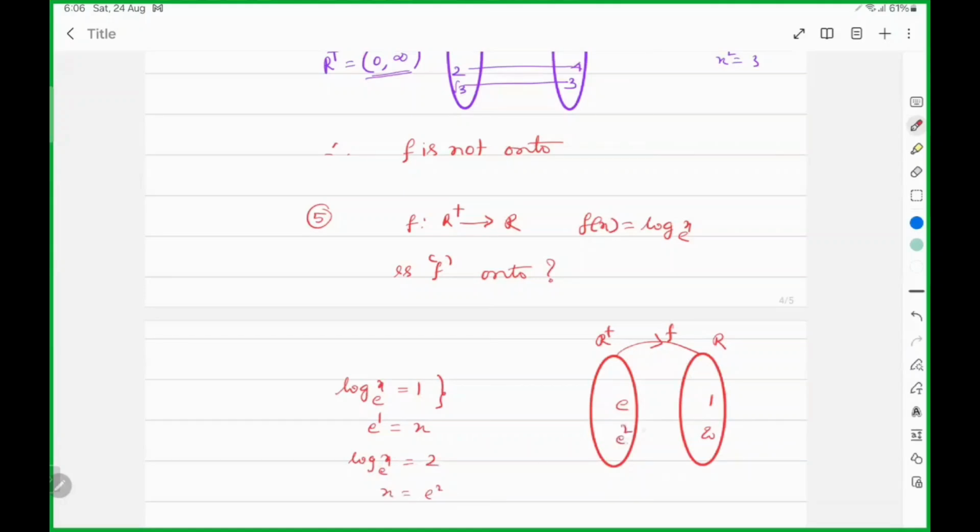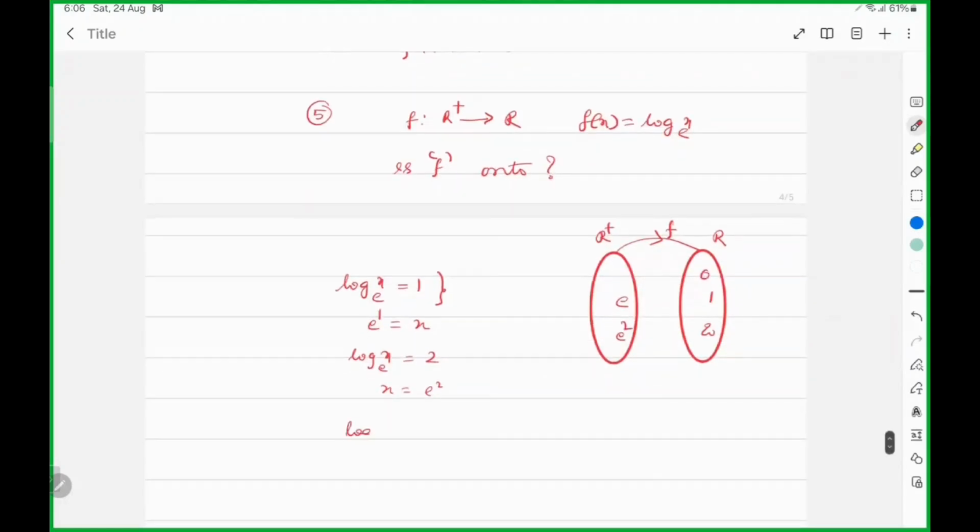E square is a real number, no problem. Take 0. Here x is e power 0, which is 1. Take this as minus 1. X here is e power minus 1, 1 by e.